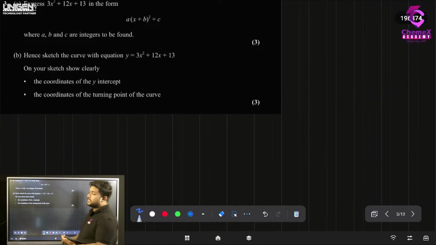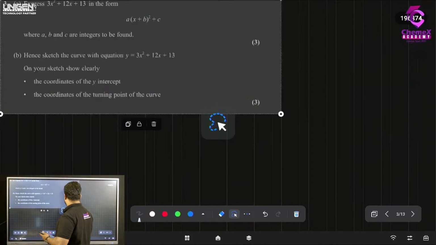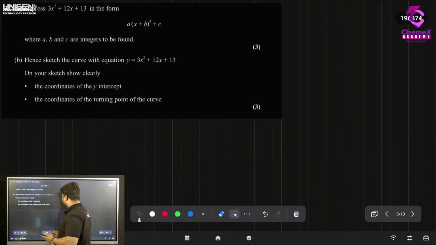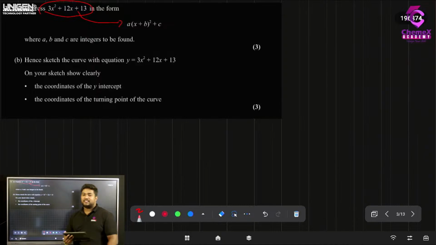Okay, the next question is about a bracket (x plus b) squared and a quadratic equation, 3x squared. How do you solve this? Have you done completing the square? When you see this, you should remember completing the square straight away.